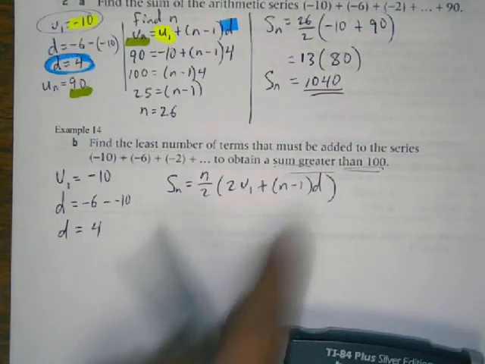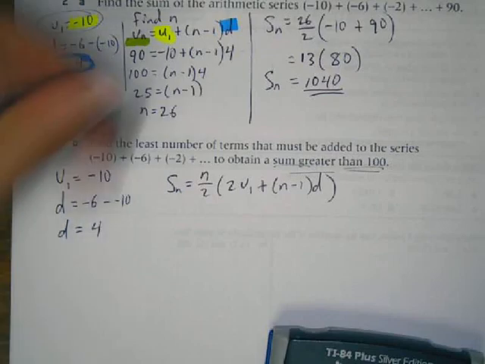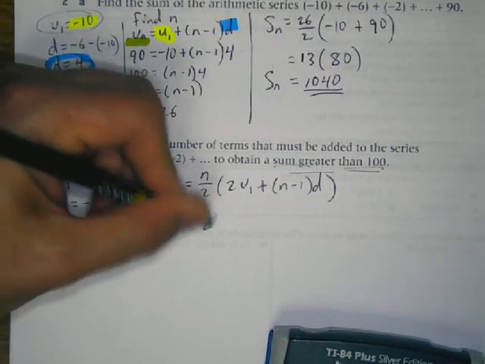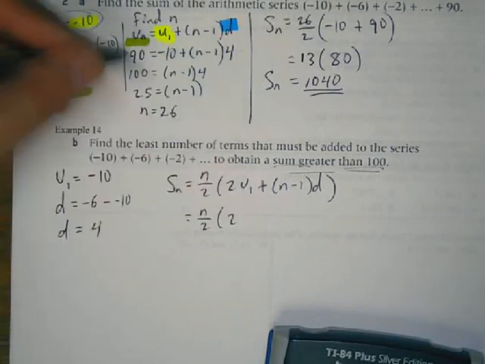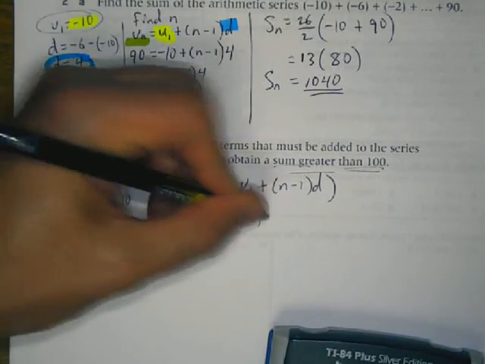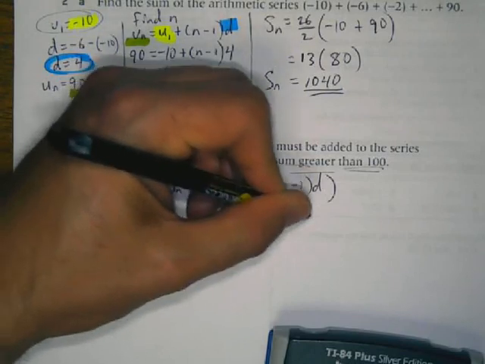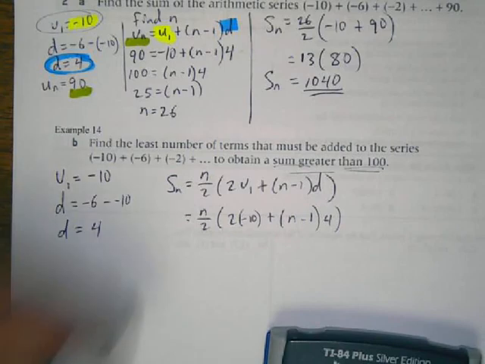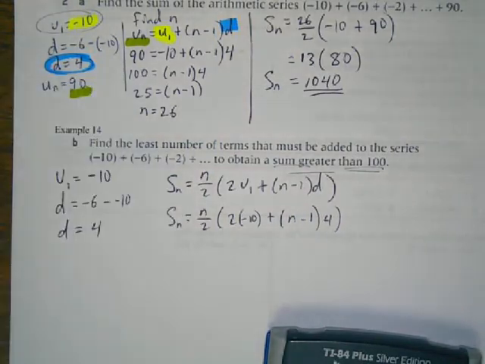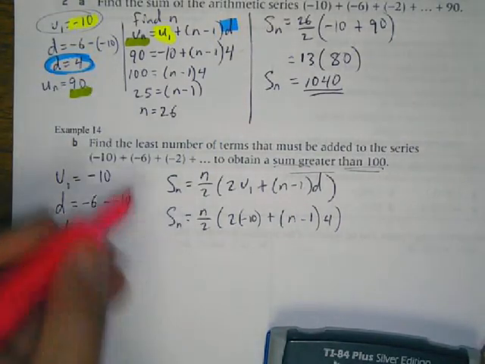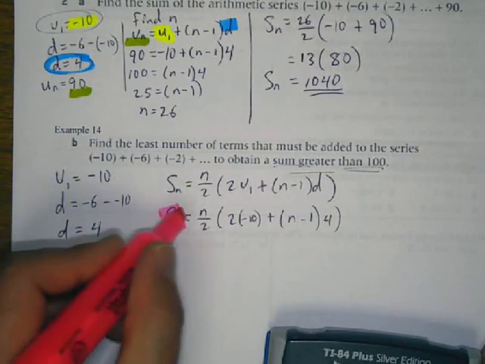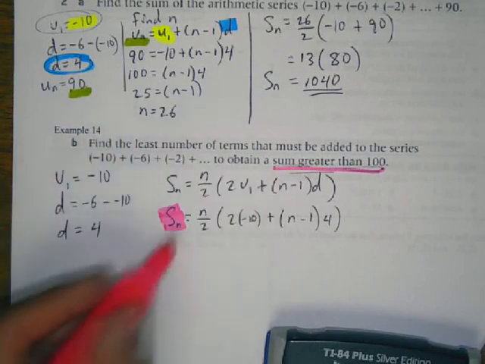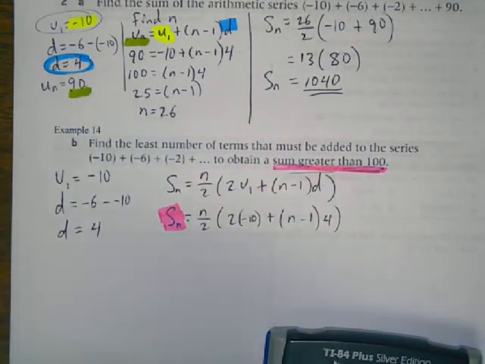So we know d is 4 and u sub 1 is negative 10, so it's equal to n over 2 times 2 times negative 10 plus n minus 1 and then times 4. Okay. And that gives us the sum of the numbers. And what we want is to obtain the n value when this value is greater than 100.